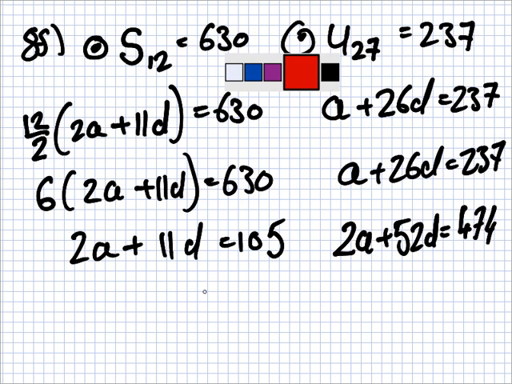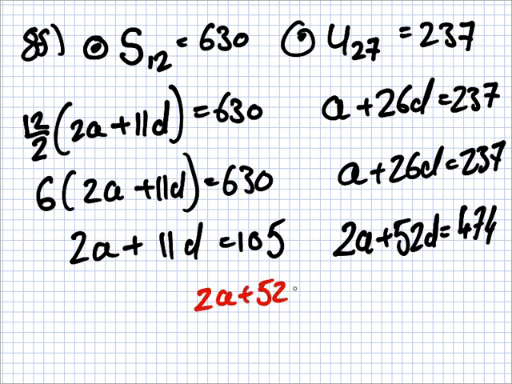Okay, so look, we have two equations. Let's solve them. The first one is 2a plus 52d equals 474, and the second one is 2a plus 11d equals 105.